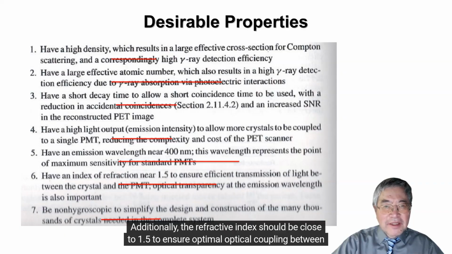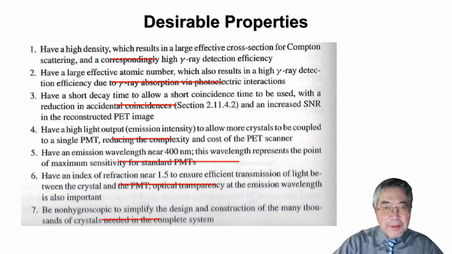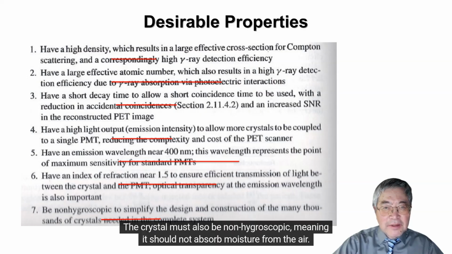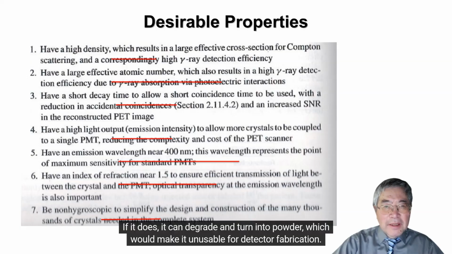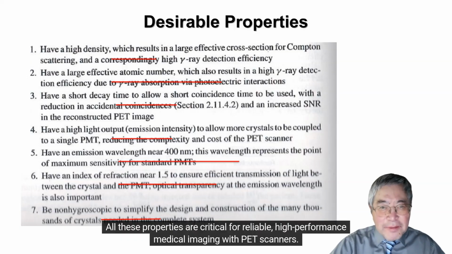Additionally, the refractive index should be close to 1.5 to ensure optimal optical coupling between the crystal and the photomultiplier tube. The crystal must also be non-hygroscopic, meaning it should not absorb moisture from the air. If it does, it can degrade and turn into powder, which would make it unusable for detector fabrication. All these properties are critical for reliable, high-performance medical imaging with PET scanners.